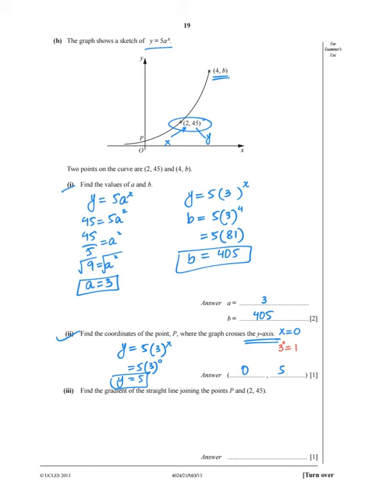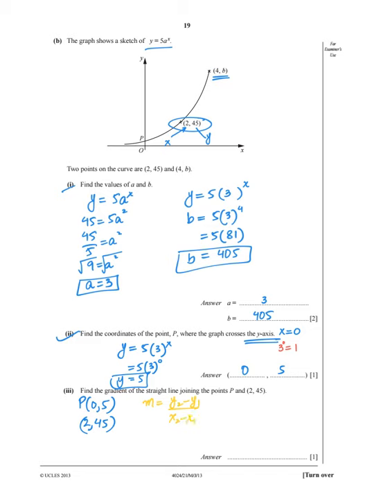And the last one: find the gradient of the straight line joining the points P and (2, 45). Alright, so you have the coordinates of P, it's (0, 5), and the point given is (2, 45). The working formula for gradient, we know, is y2 minus y1 over x2 minus x1.